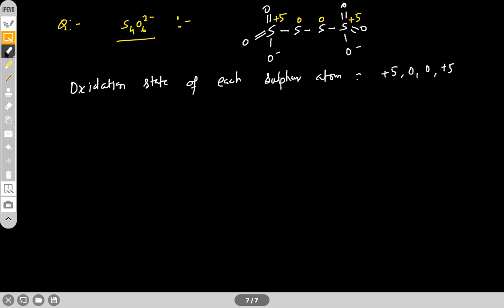If you apply the X method here, it is 4x plus 6 into minus 2 equals minus 2. So x, you see, it is 2.5 you are getting, yes or no? 2.5. So this divided by 4 is again 2.5.